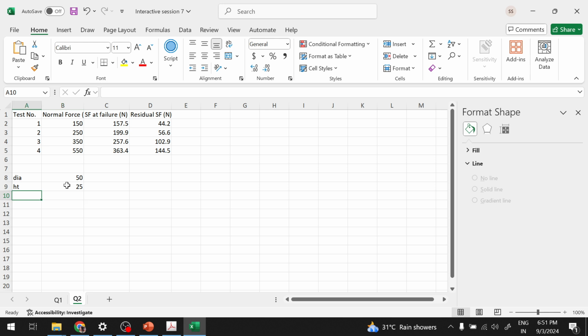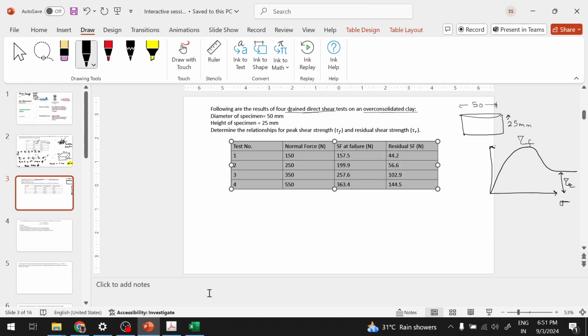So the area of failure plane will be, since this is still a direct shear test, we will have some mechanism that creates shearing in the specimen such that this comes out to be the failure plane.